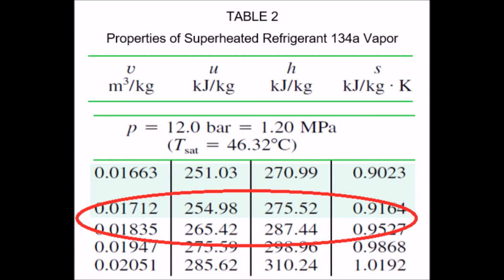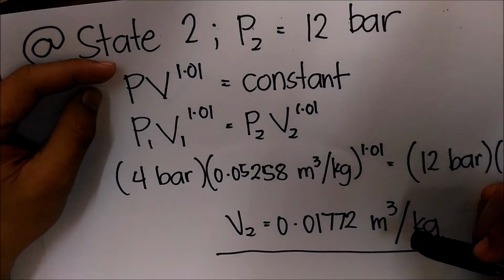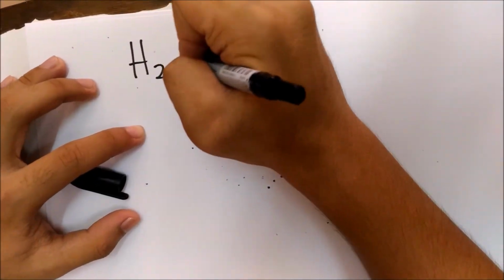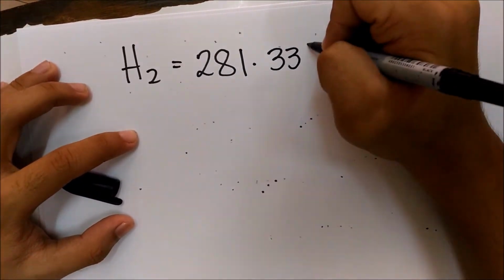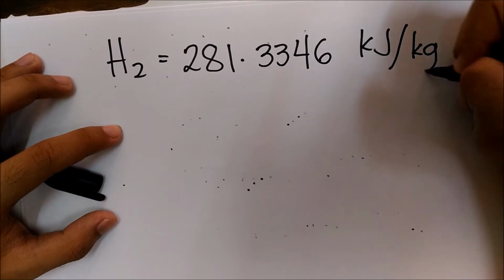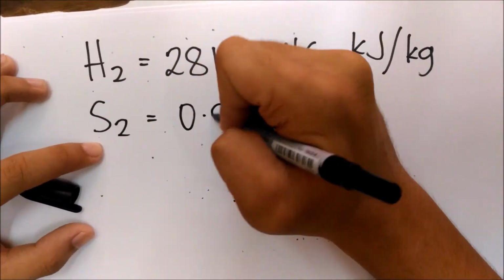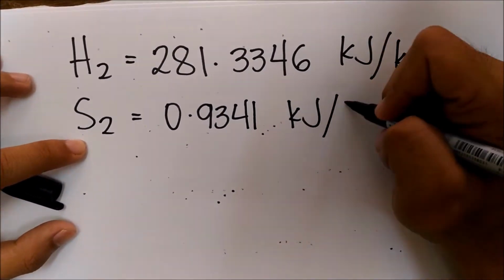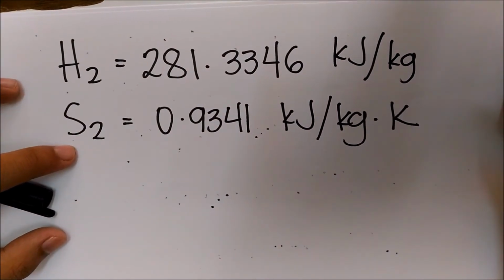Using the acquired volume per kilogram, enthalpy 2 and entropy 2 are interpolated using table 2, properties of superheated refrigerant 134A vapor. Enthalpy 2 will be equal to 281.3346 kilojoule per kilogram, and the entropy 2 is equal to 0.9341 kilojoule per kilogram Kelvin.